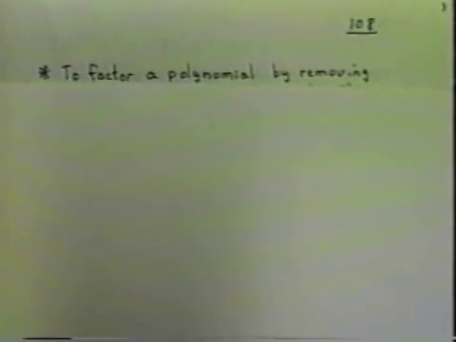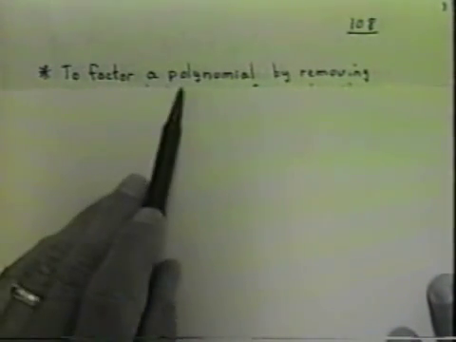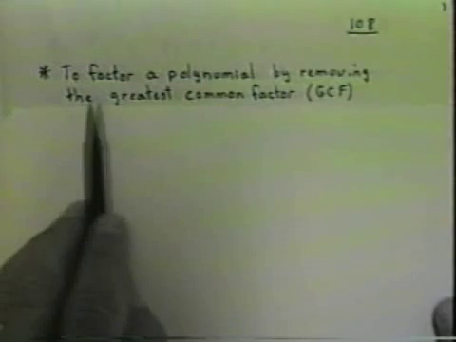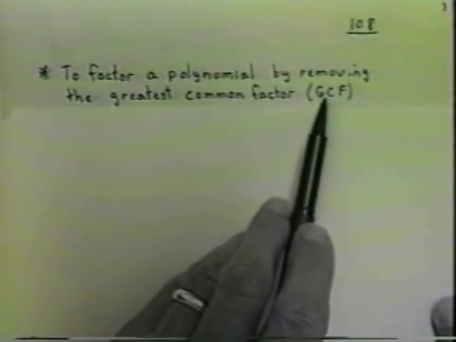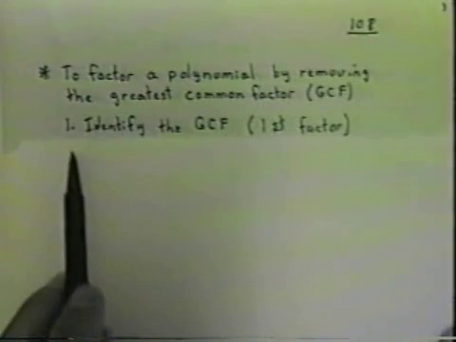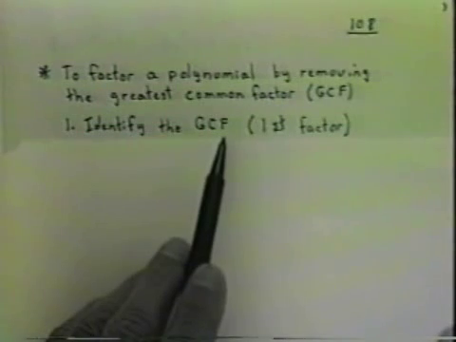Now I'm going to give you a rule for factoring polynomials by removing the greatest common factor. This is a starred rule, so therefore you need to memorize it. You also need to place it on your study sheet. To factor a polynomial by removing the greatest common factor, which from now on I will abbreviate as GCF, first of all, you identify the greatest common factor.